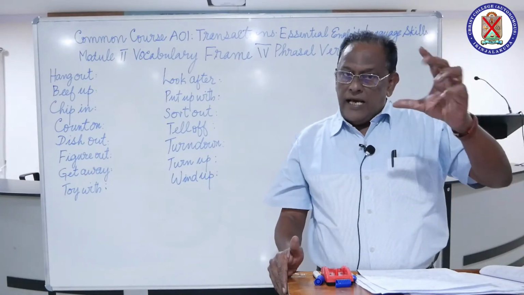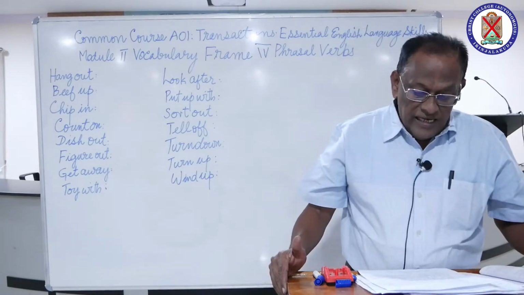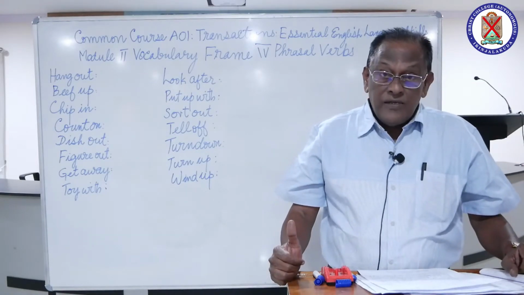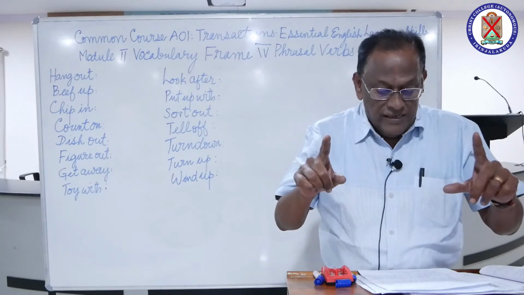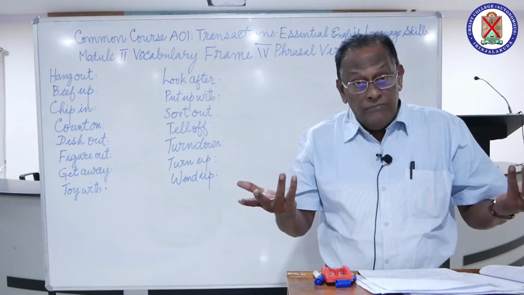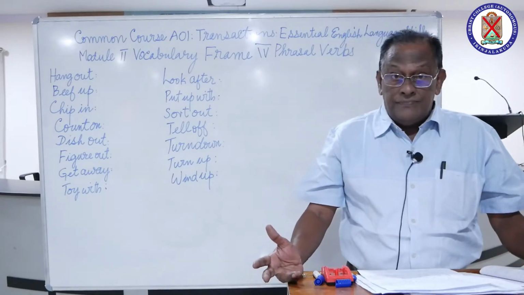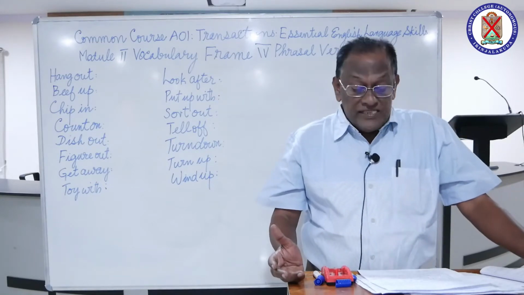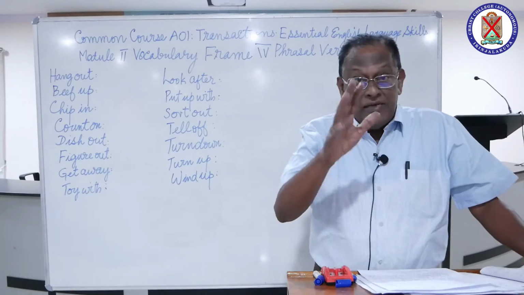Phrasal verbs, as the term suggests, are a verb combined with a particle. It can be an adverb or a preposition, or sometimes both. Many phrasal verbs in English are idiomatic in meaning.